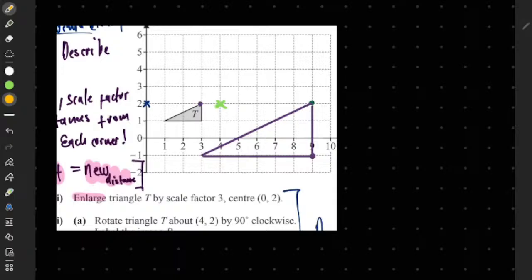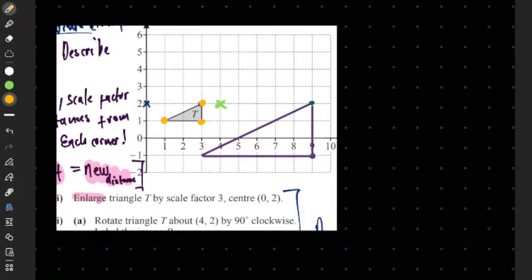So we want to put coordinates of these 3. But remember, what we are doing is a rotation. It's just like an enlargement. The coordinates, when you are doing an enlargement and when you are doing a rotation, they are from the center. You will be told what center. In other words, where should you start from? Don't start from your own point.